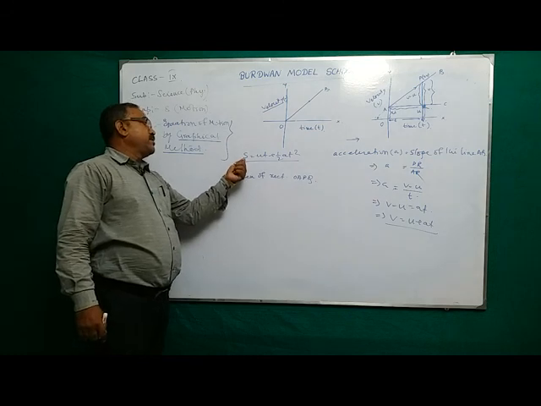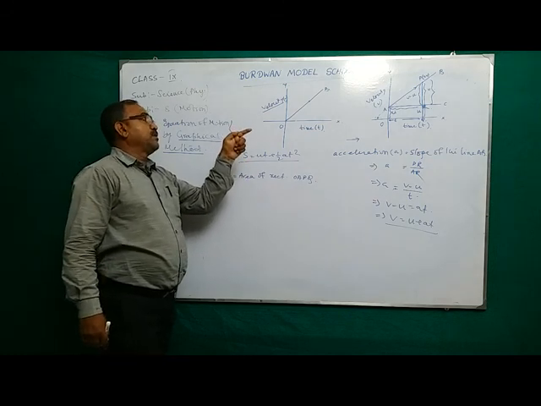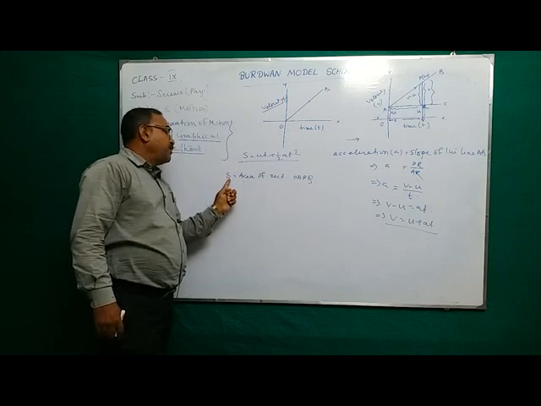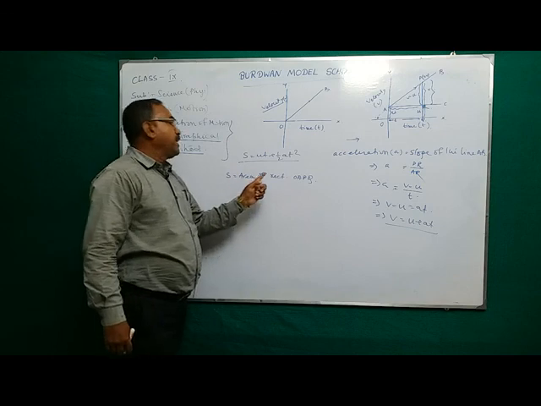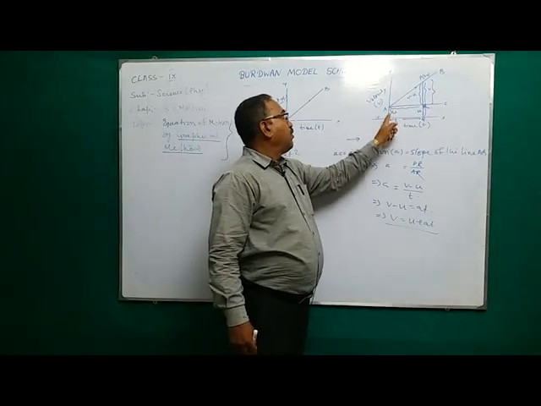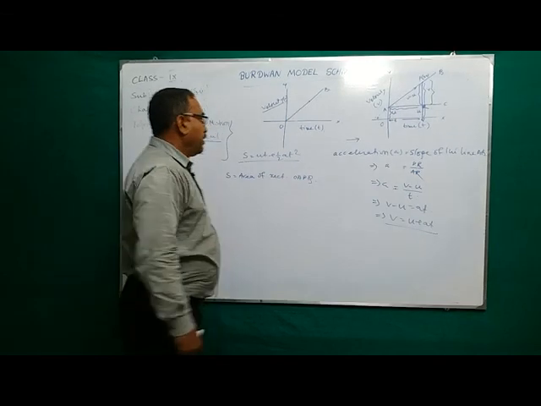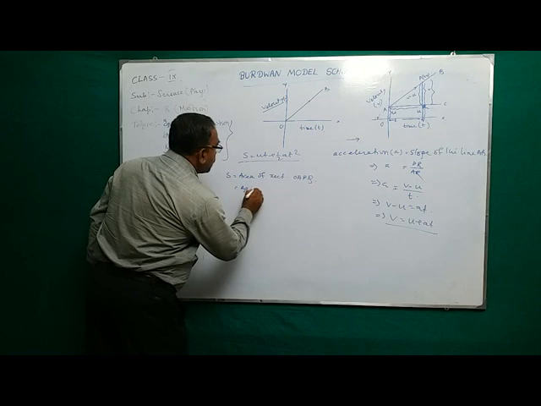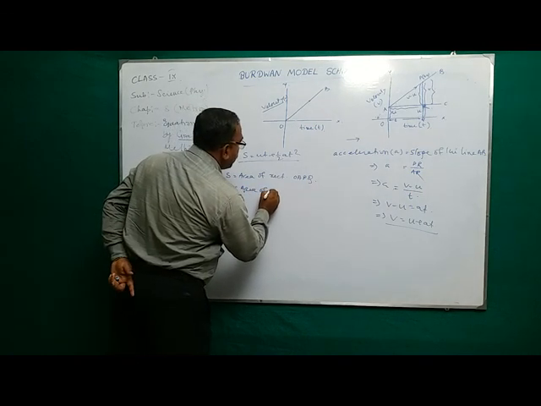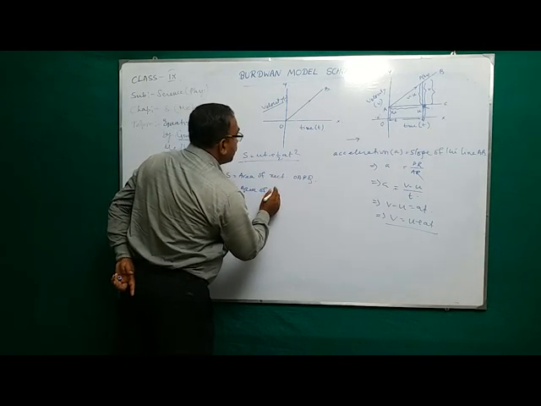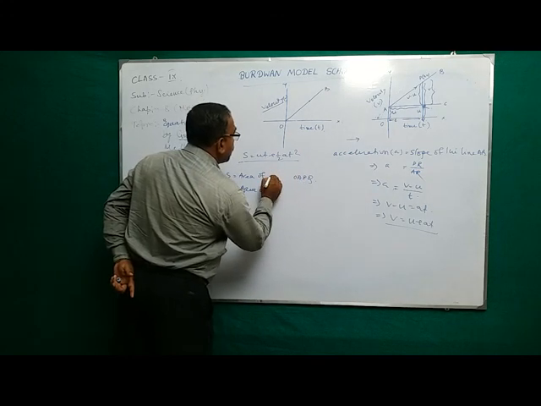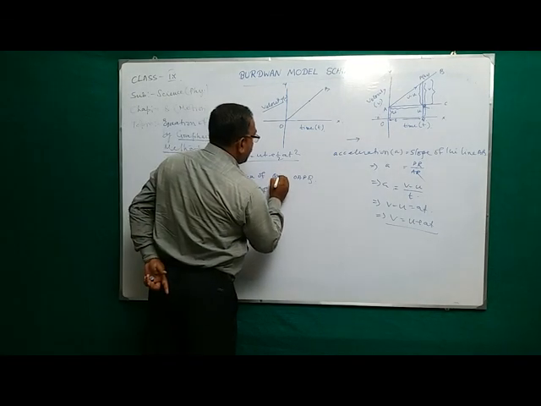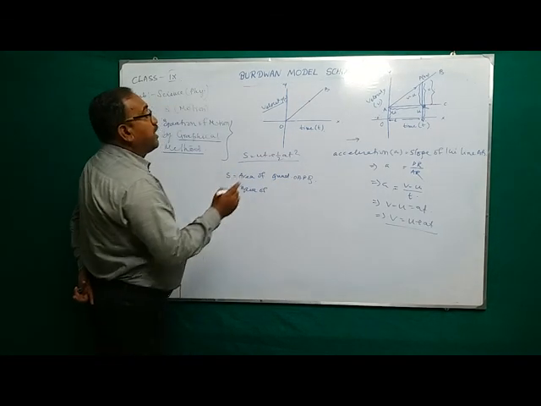S means the distance traveled by this object after the time t, which you represent by the letter S, equal to the area of the quadrilateral OAPQ.